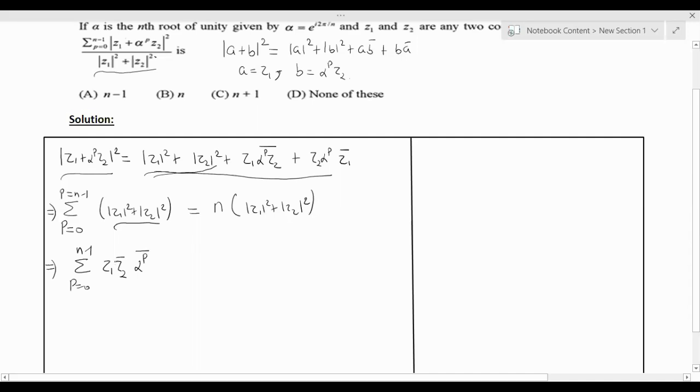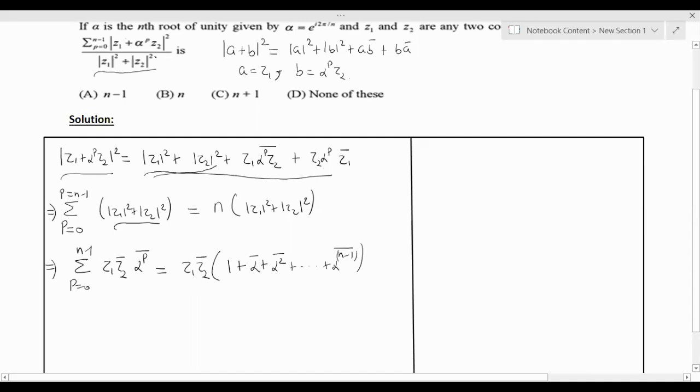Now you can expand it by substituting the values of the summation. When you put p equals to 0, z1 z2 conjugate anyway will come out from all the terms. So you will have the first term as 1. Second term, when you put p equals to 1, you will have alpha whole conjugate. Then you will have alpha square whole conjugate, and so on, going till alpha power n minus 1 whole conjugate.